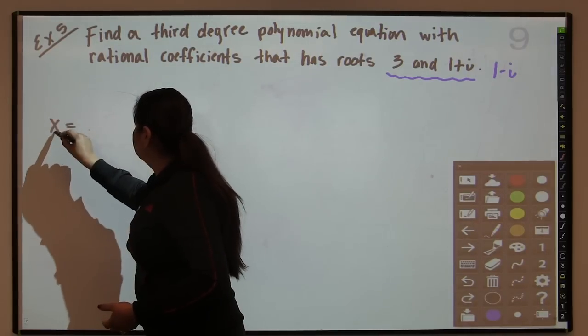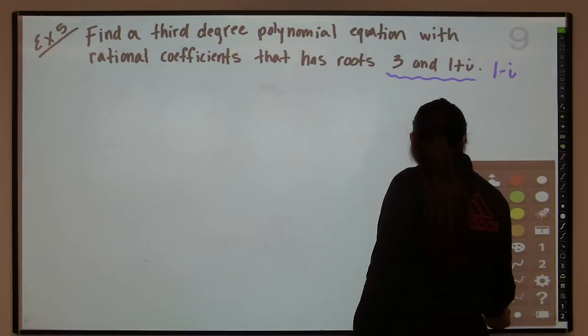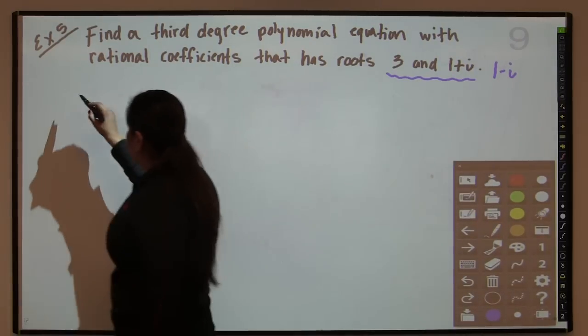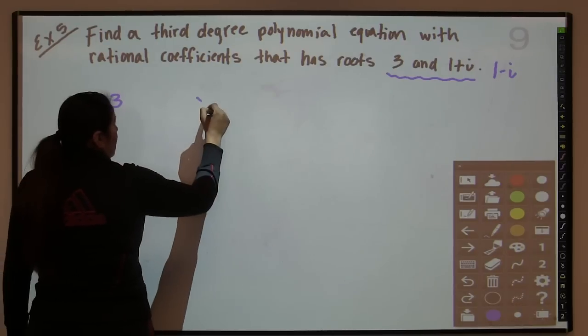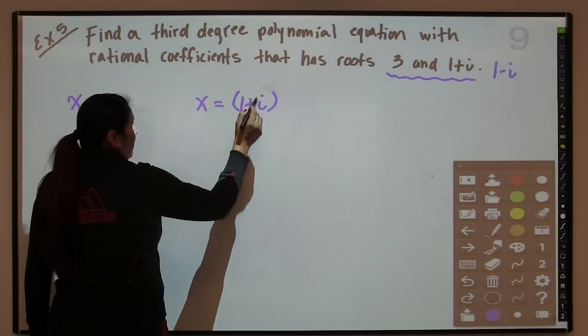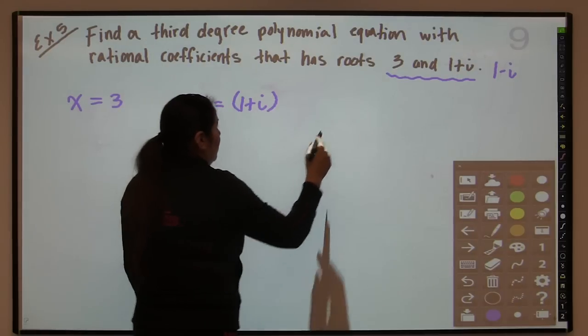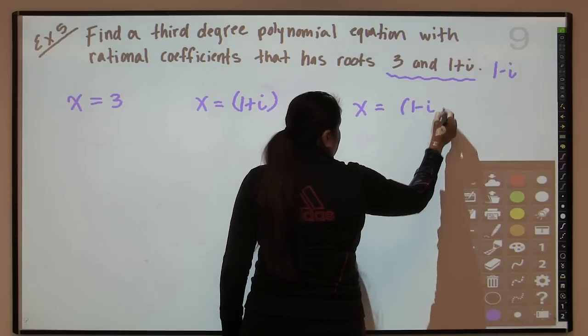In this case, I know that my zeros are x equals 3, x equals 1 plus i, and we generally put parentheses around that number to keep it together. And I also know that x equals 1 minus i. Okay?